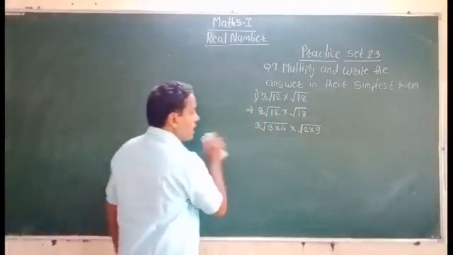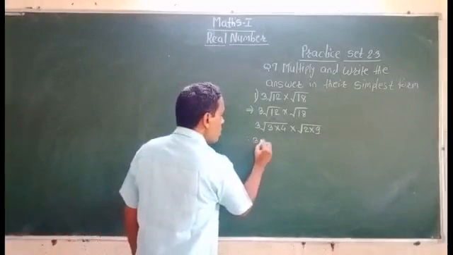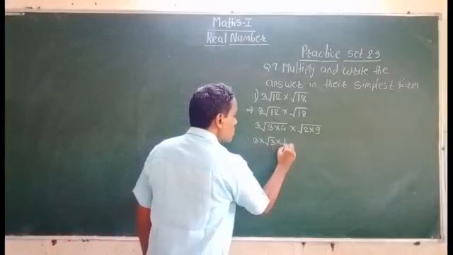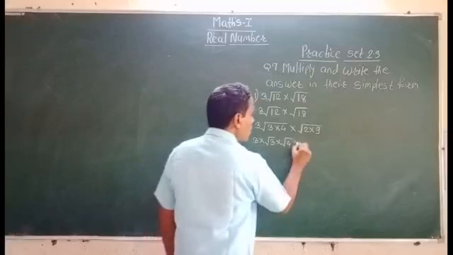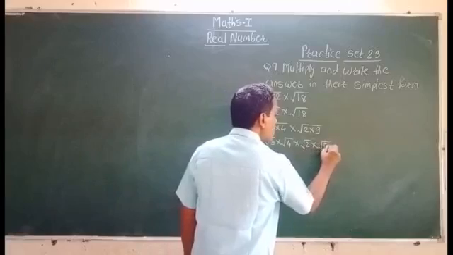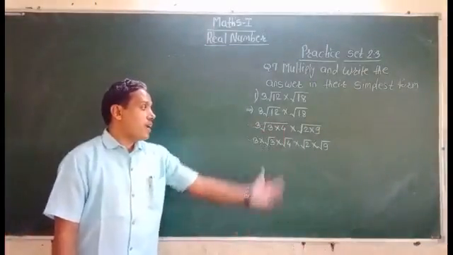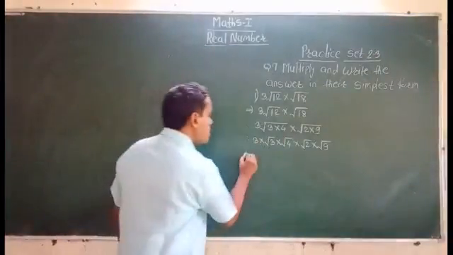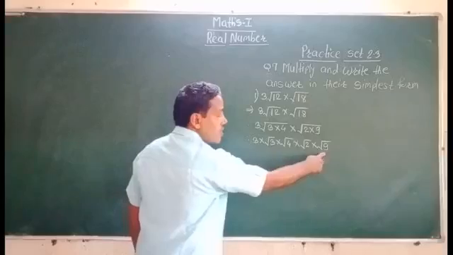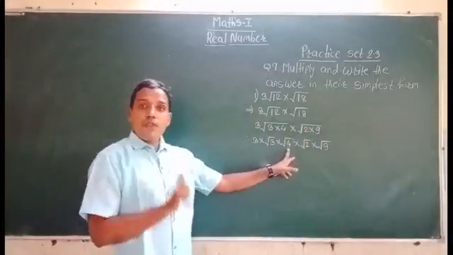So we will get, and simplify them. So 3 into surd 3 into surd 4 into surd 2 into surd 9. When they are all separated, this surd 4 is not a surd, because 4 is a perfect square number.